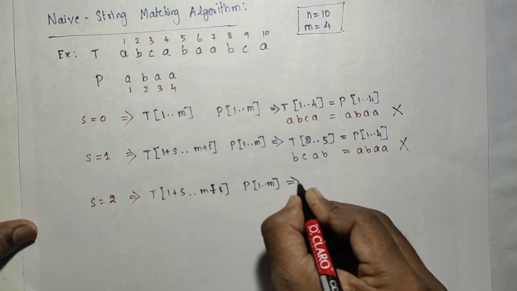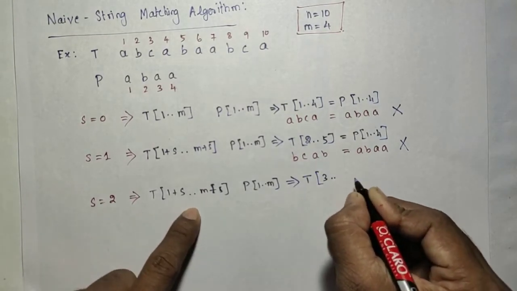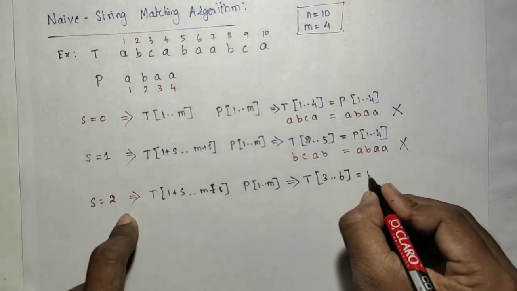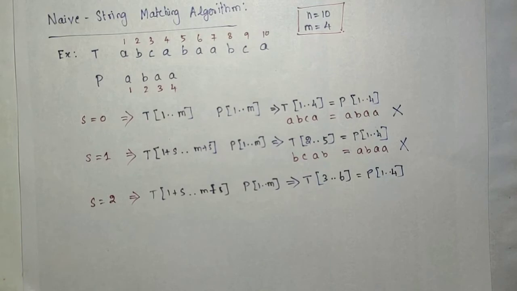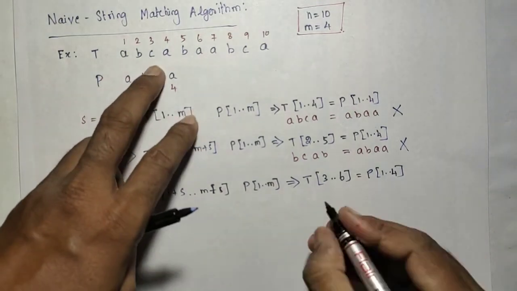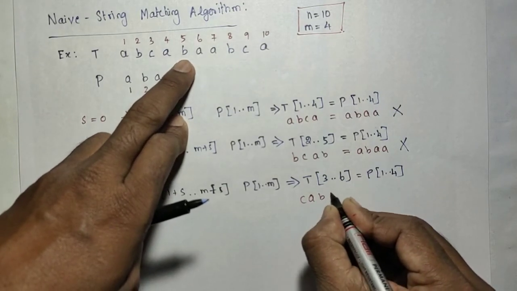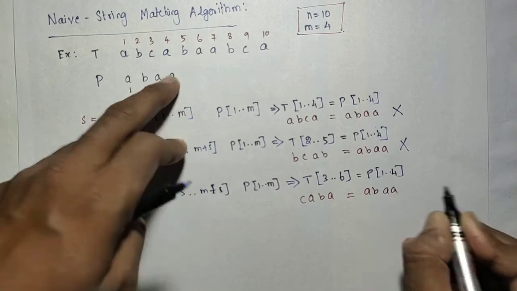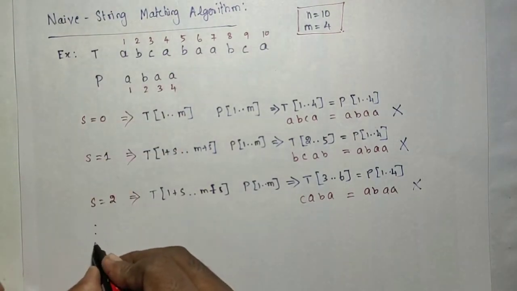So here I have to compare t of 1 plus 2, that is 3, to m plus s, 4 plus 2, that is 6, with p of 1 to 4. These 4 characters C, A, B, A are going to be compared with A, B, A, A. Here also a match is not found.